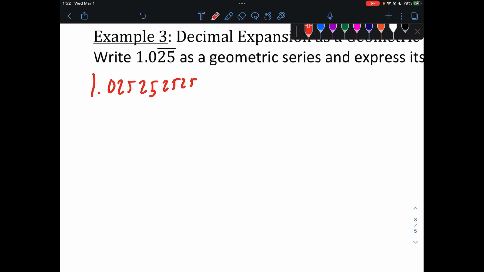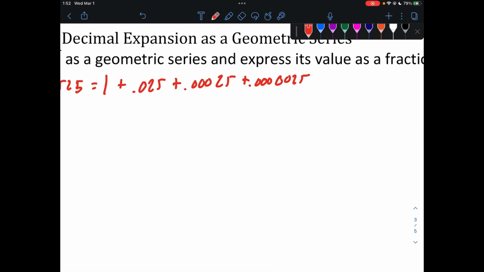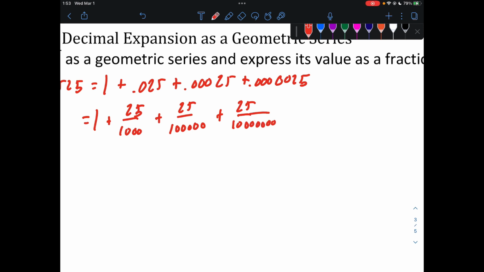So we can think of that as 1 plus 0.025 plus 0.00025 plus 0.0000025, or in fraction form, 1 plus 25 over 1,000 plus 25 over 100,000 plus 25 over 10 million, and so forth and so on.